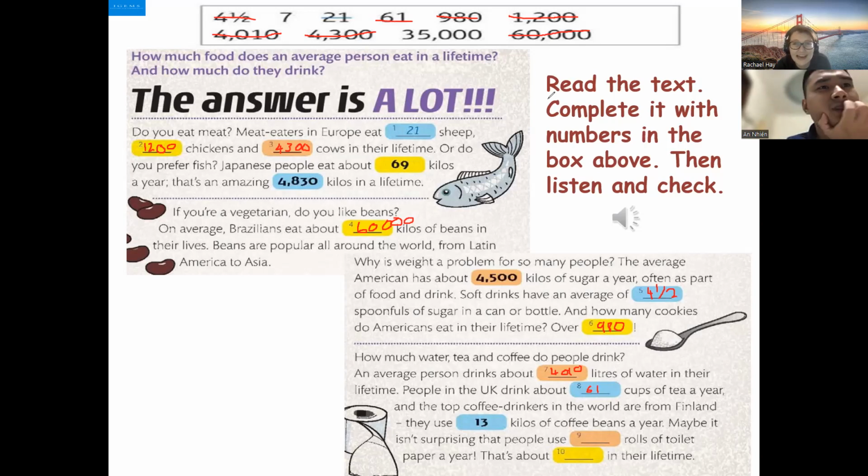Okay, let's find out what the answers are. Okay, so number 2 is 1,200. So you got that right. Well done. Okay, cows, 4.5 cows in their lifetime. Okay, so let's change this.